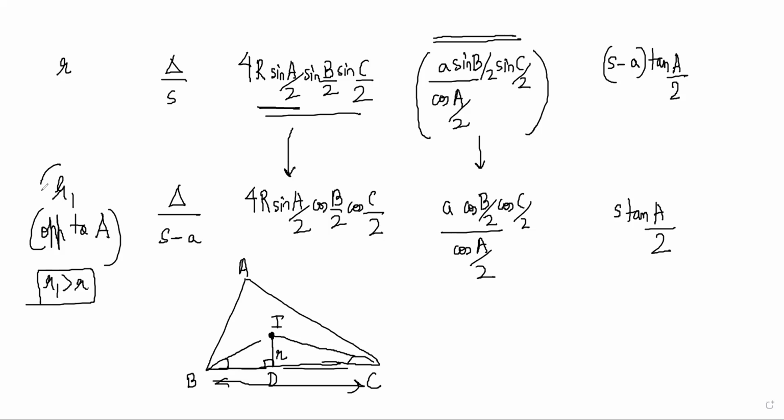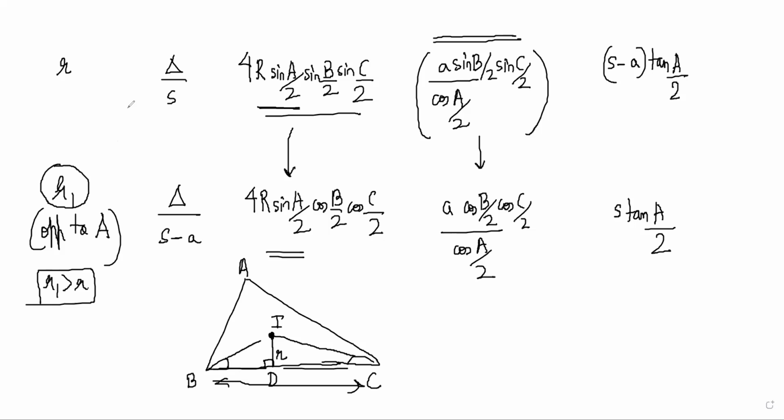You'll remember it because the one opposite to the R1, like R1 is opposite to A, the one opposite to that angle will have the sine, and the other will have the cos. Because obviously symmetry should be preserved. So if you have R1 opposite to something and there are two cosines and one sine, then the one sine has to be A by 2, right? Because that is what is making the formula symmetrical. Because then R2 should have one sine, that will be B by 2, right?